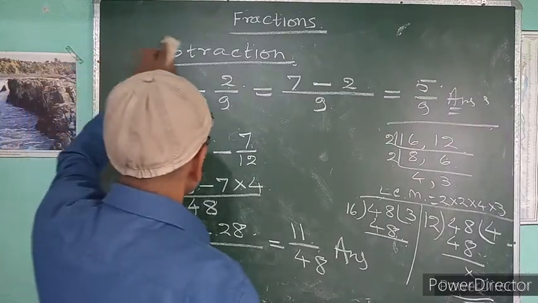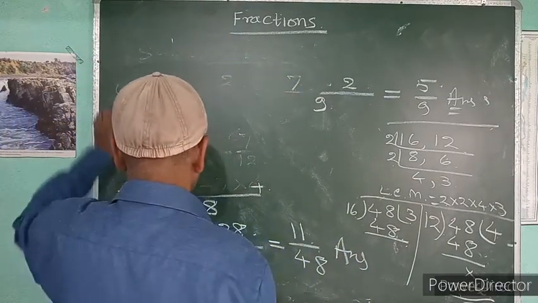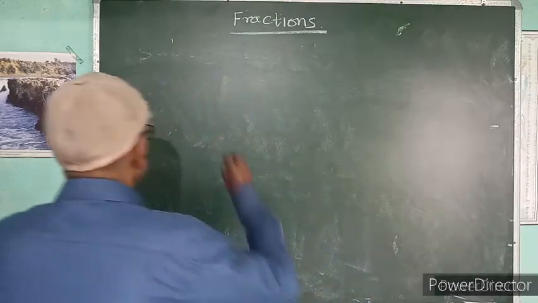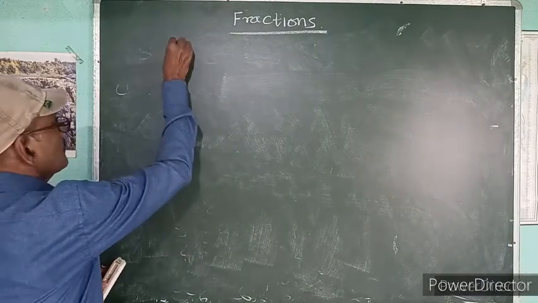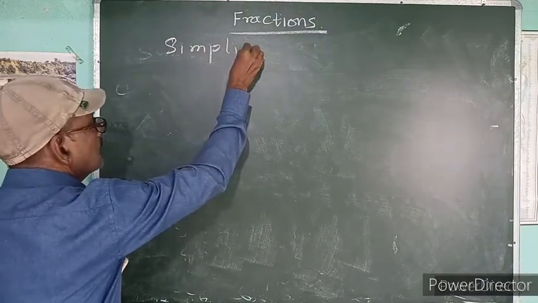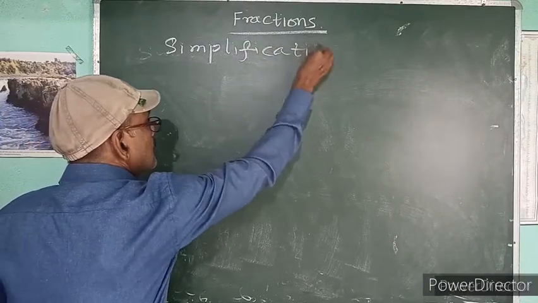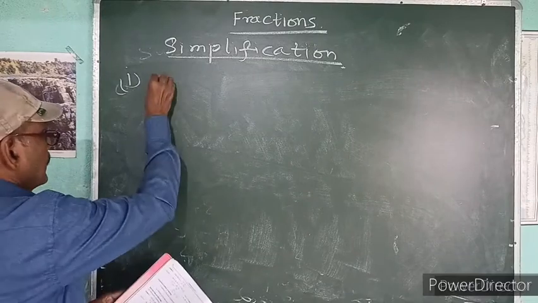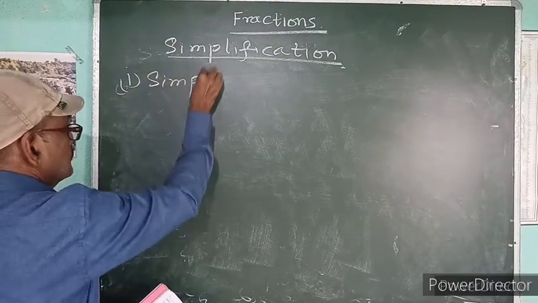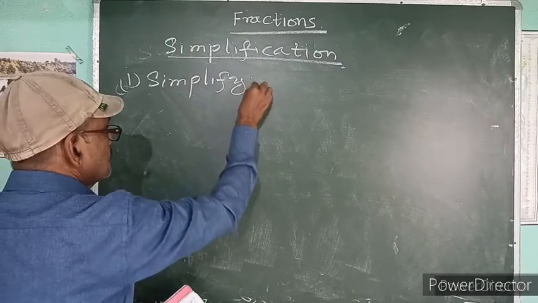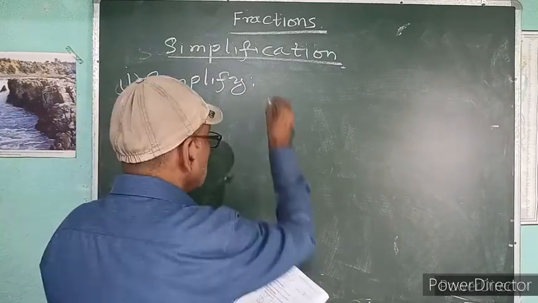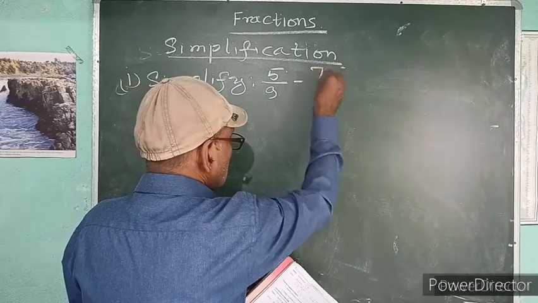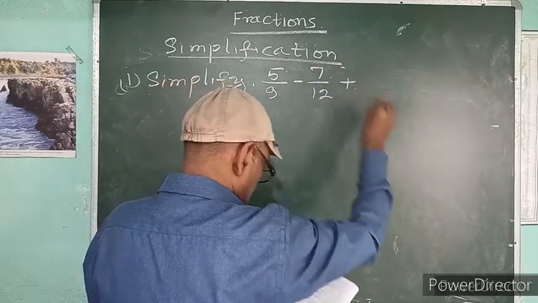Simplification of sums. Example: simplify 5 by 9 minus 7 by 12 plus 1 by 2.